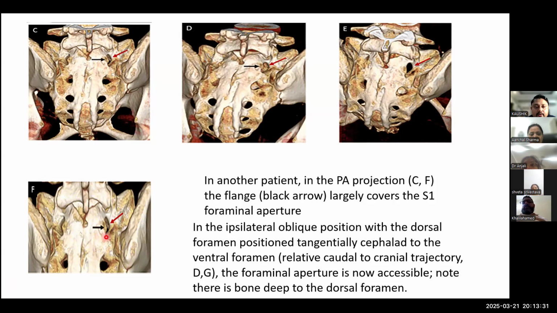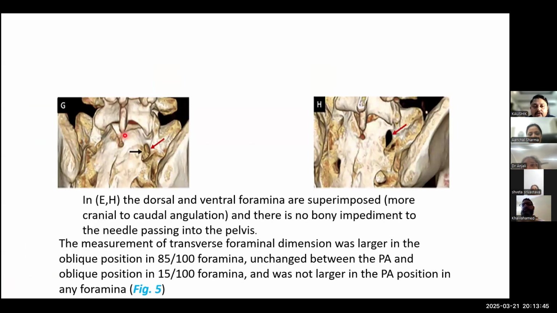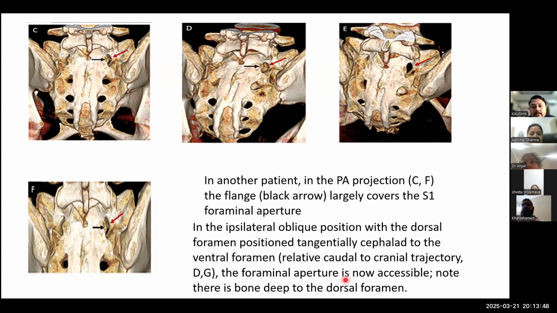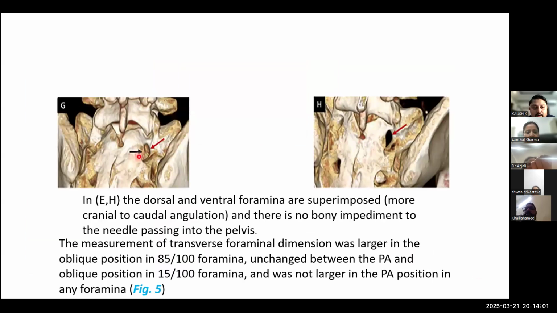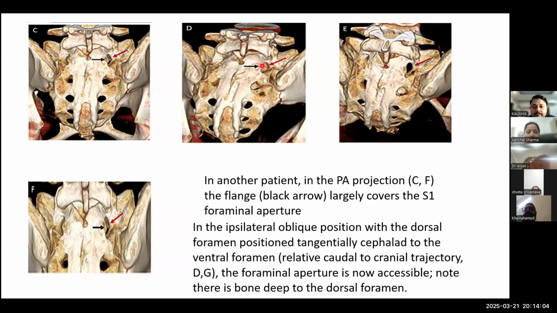In the ipsilateral oblique position, with the dorsal foramen placed tangentially cephalad to the ventral foramen, as shown in image D and image G, the foraminal aperture becomes accessible. With an ipsilateral oblique direction and a caudal to cranial trajectory, the foramen can be better visualized.